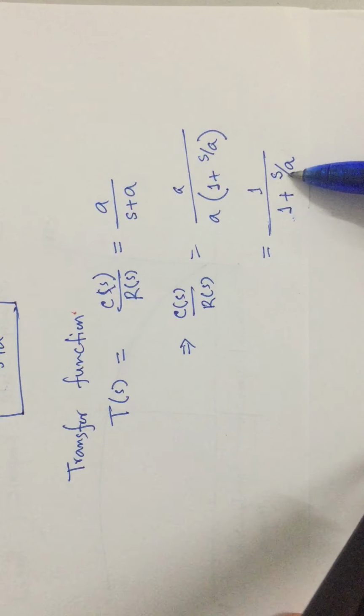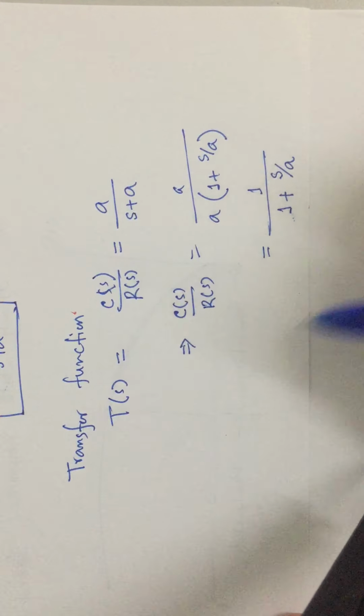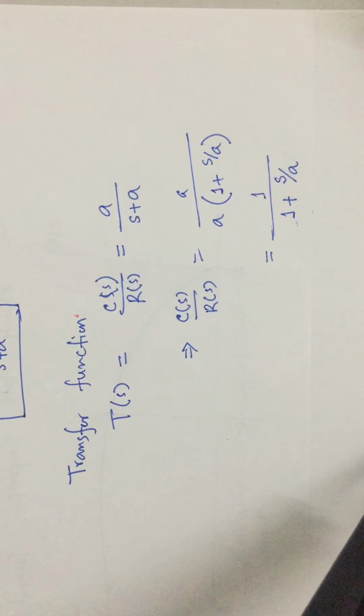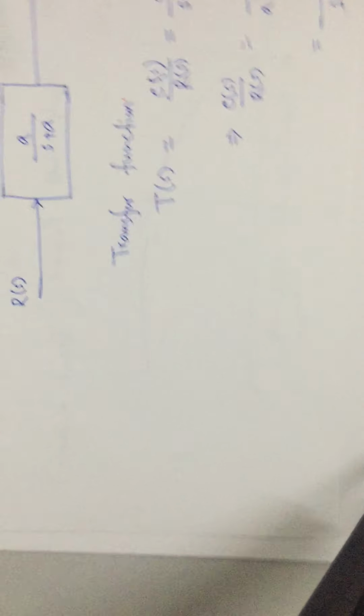So if the maximum power of S is 1, we call this system a first order system. This is the way we can know whether a system is first order or second order.